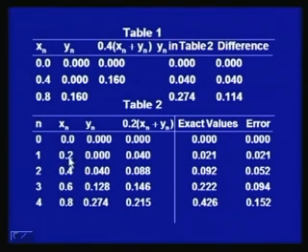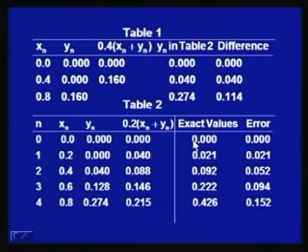When n is 0, we have x0 equal to 0.0, y0 equal to 0.000, and using Euler's formula the value of y at x equal to 0.2 is 0.000. Next we calculate 0.2 into (x1 plus y1), which is 0.040. We then get the value of y2, that is y at 0.4, as 0.040. Similarly, y3, that is y at 0.6, we get as 0.128, and y at 0.8 we get as 0.274.